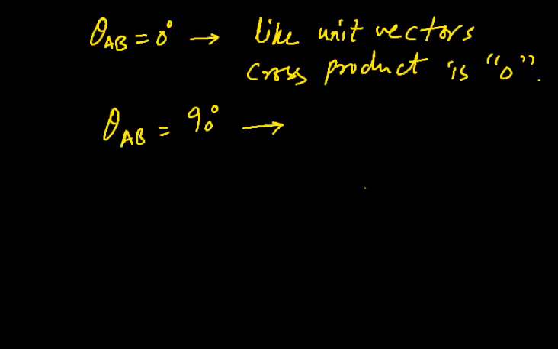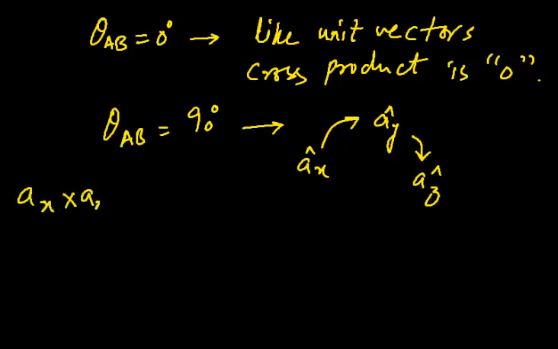So how to find this out is, we can simply say this is ax, this is ay, and this is az. You can use the right hand rule again. So ax crossed with ay is going to give you az, because as we discussed, any two vectors, when we cross them, give us a perpendicular vector.